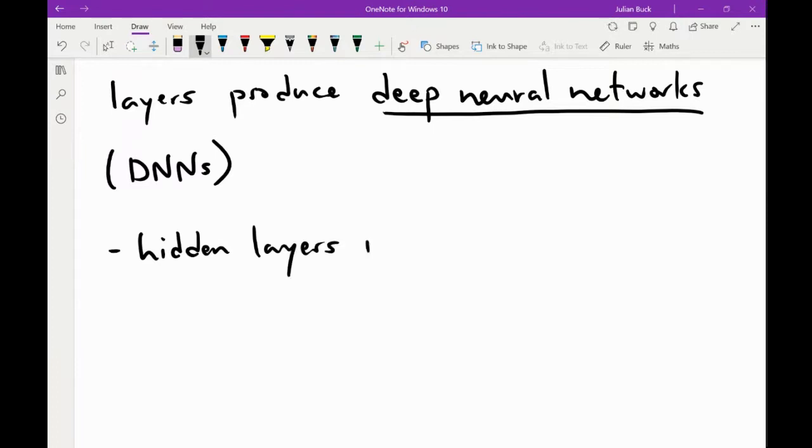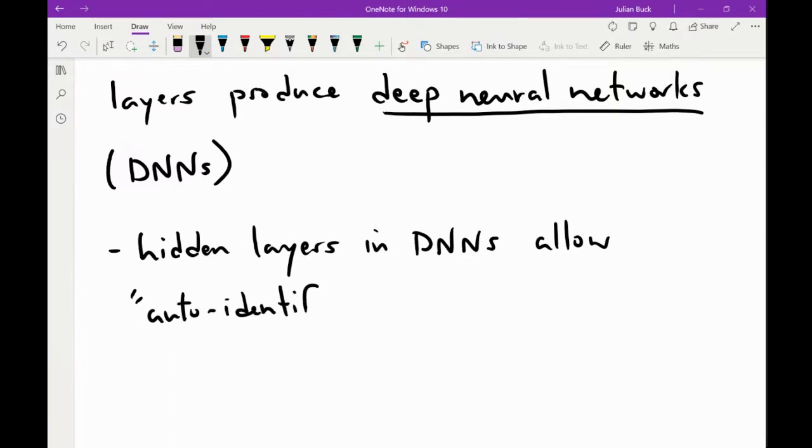The hidden layers in deep neural networks, one way to describe what they do, and we'll go into more detail on this over the next few days, is they allow what we might call auto-identification of useful features.